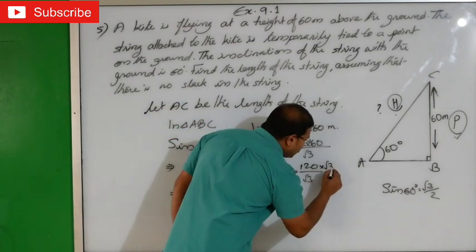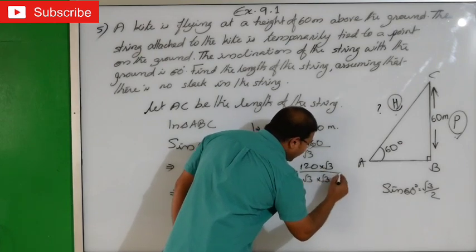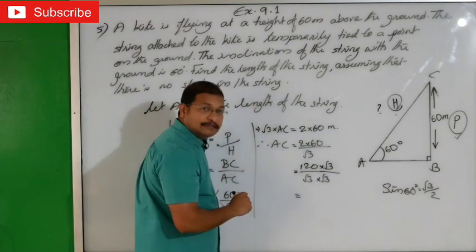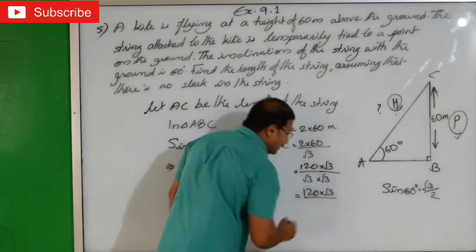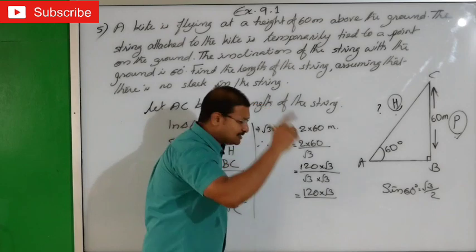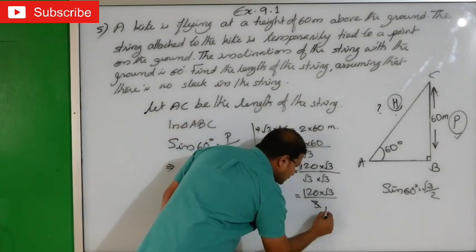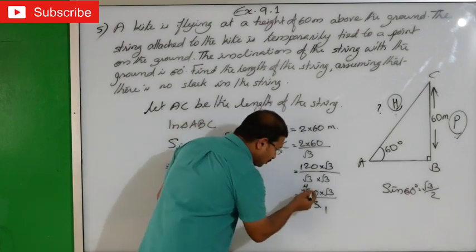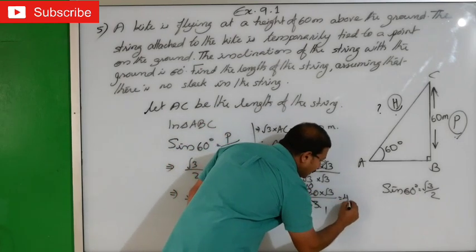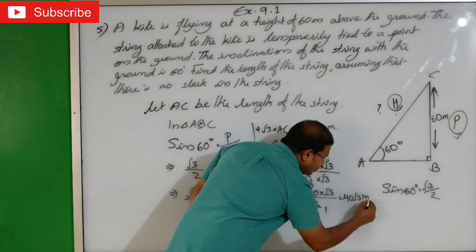Numerator and denominator, root 3 will multiply and the value will not change. That is 120 into root 3 divided by root 3 into root 3. Yes, 3. 3 ones are 3, 3 fours are 12, now the 0 will go. That means 40 root 3 meter.